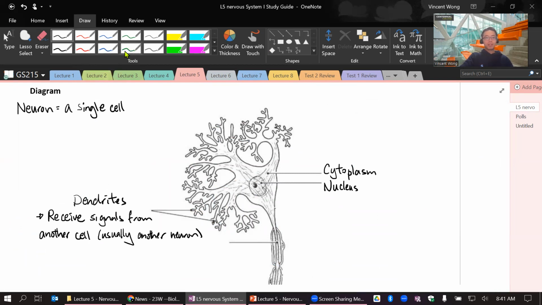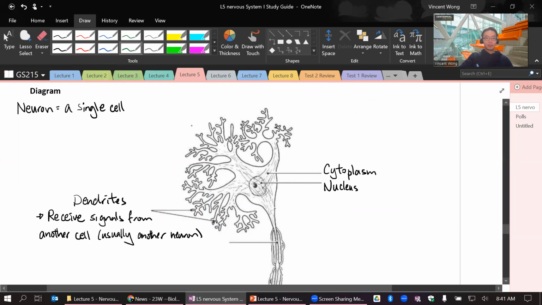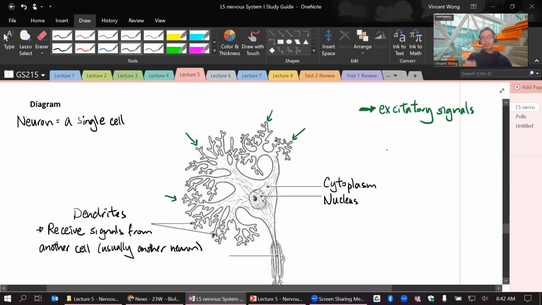But for now, if you have a green marker, we can put some green arrows here. So these green arrows represent excitatory signals. These are the signals that will tell the neuron to pass it on.